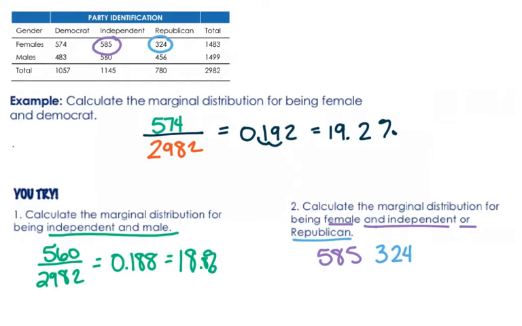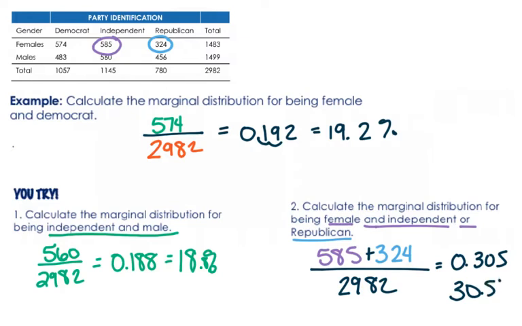That's why I'm only getting the female Republicans. So I'm going to add those two together, and then I'm going to divide by the total. Alright, so when I put this in my calculator, I get 0.305. And if I change that to a percentage, 30.5% are female and independent or female and Republican.